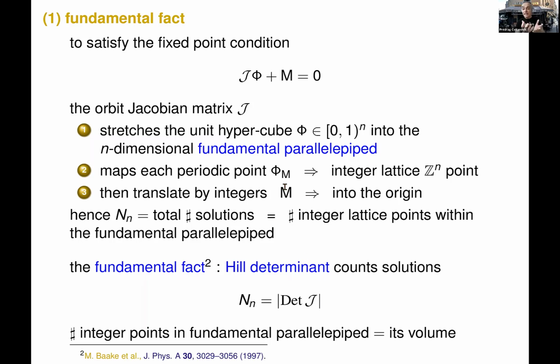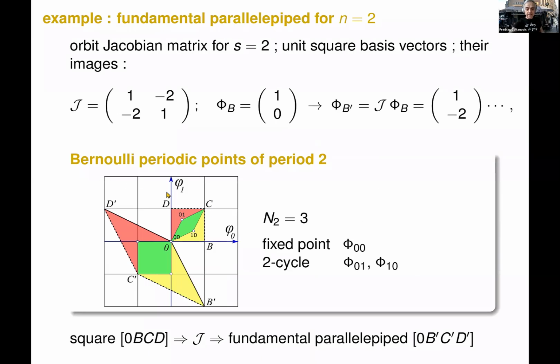So one interpretation of this perturbation of the solution is that its determinant counts all possible solutions. To give you a little example, if I look at the periodic things of period 2, so I have just a two-dimensional vector, then the unit cube is a unit square.